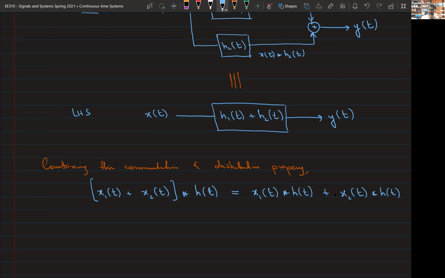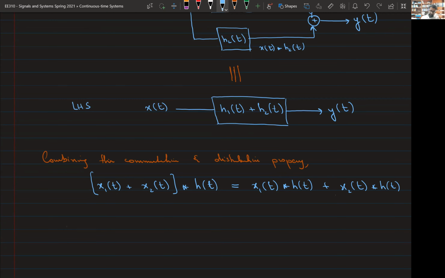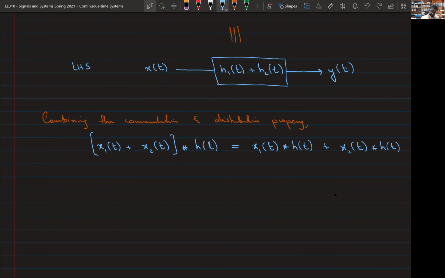ठीक है? इसका क्या मतलब है? अगर मैं इसके implications देखूं, if the left hand side is the following: my input is x1 plus x2. If I input that to a system for which the impulse response is h, I will have a certain output y.